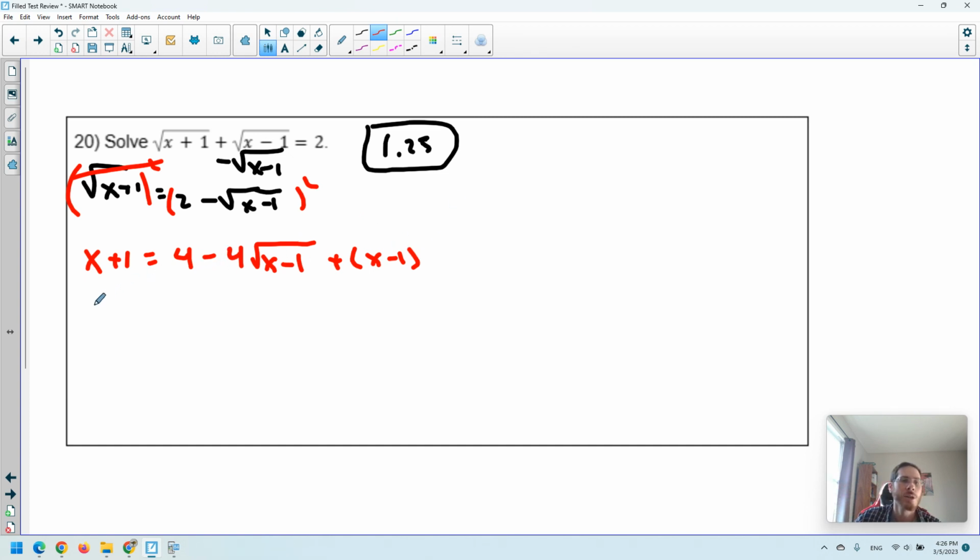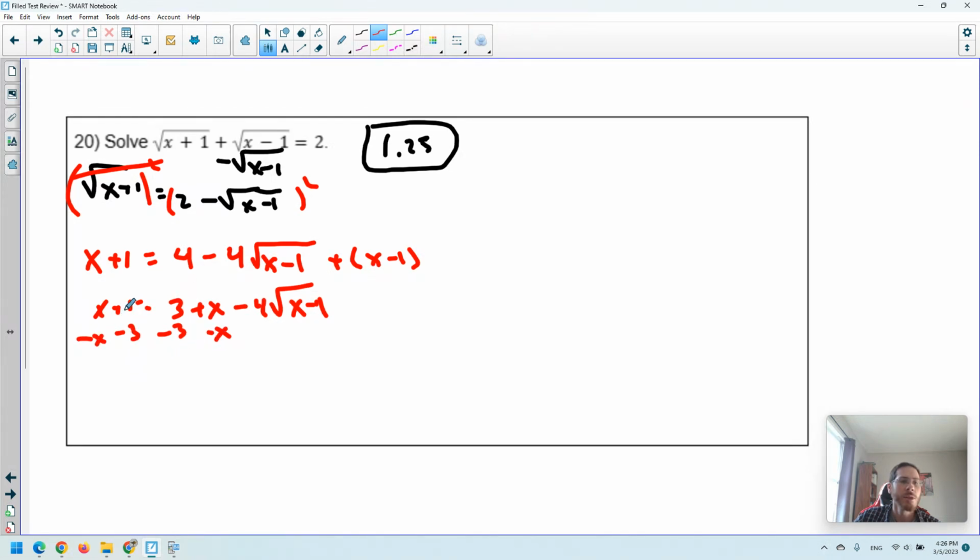So let's say x plus 1 equals 4 plus x minus 1. So 4 minus 1 is 3. I've got another x hanging out, and then I've got minus 4 square root x minus 1. The reason I did that, it makes this a little bit easier to move things over.